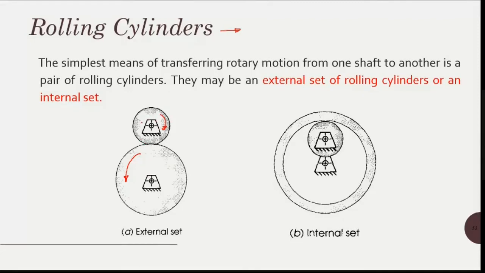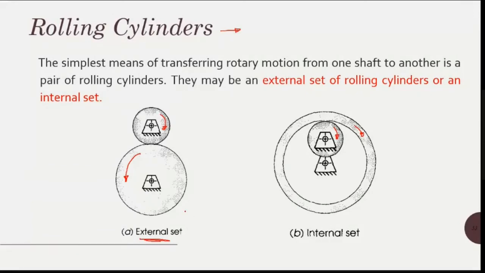When one is rotating clockwise, the other is anti-clockwise. That is applicable for external gears. When I consider internal gears, if the driving one is rotating clockwise, the other will also rotate clockwise, both in the same direction.